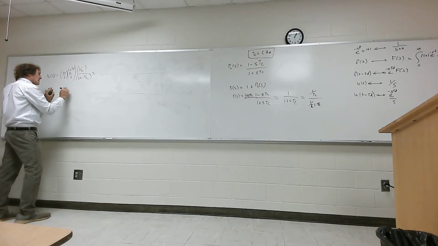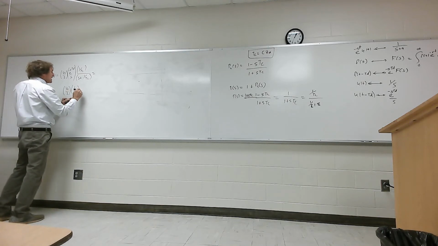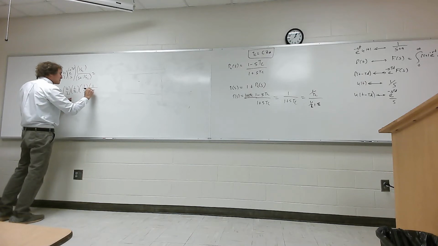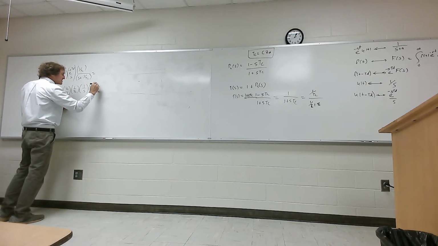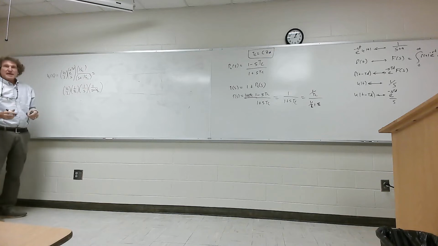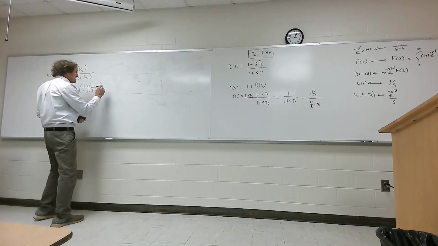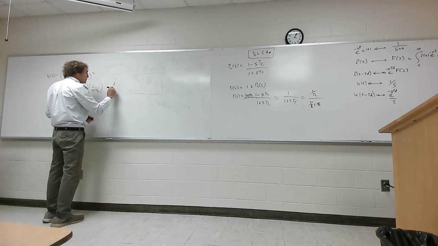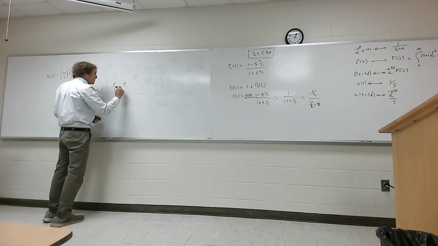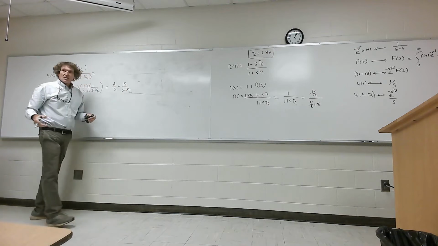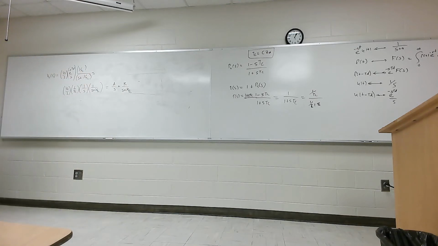So I'll take V naught over 2, and then 1 over TC here, and then I have 1 over s times 1 over s plus 1 over TC. I'm going to expand that into partial fractions. So it's going to be A over s plus B over s plus 1 over TC. I'm going to stop for a second, just gather your thoughts, and make sure you understand where I'm going with this.